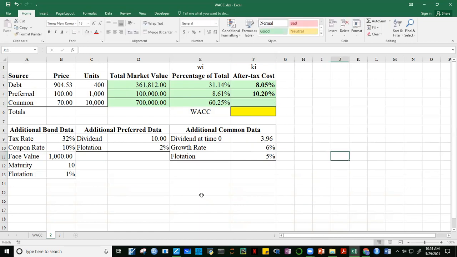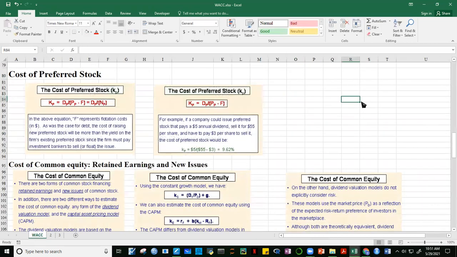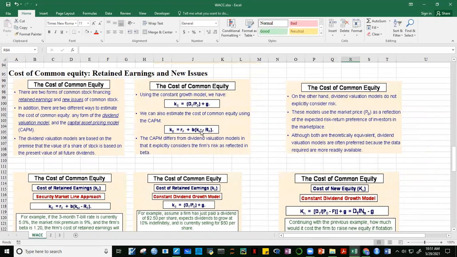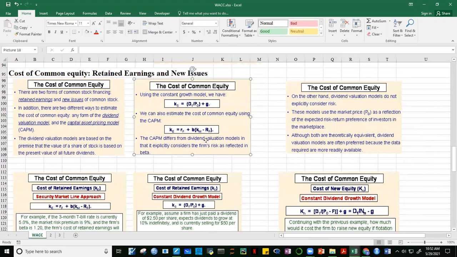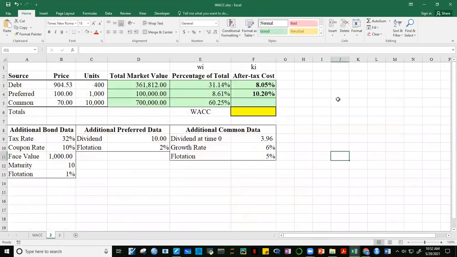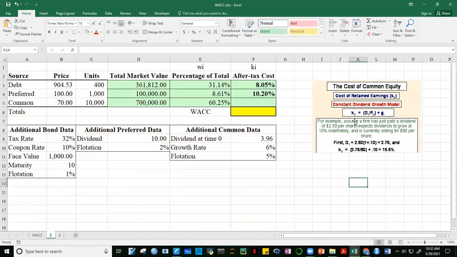So ano yung formula ng cost of equity? Okay, so your cost of equity, sabi natin, is this one. Dividend at year 1 divided by the price plus the growth rate. Okay? So let's copy this. So that's dividend at year 1.